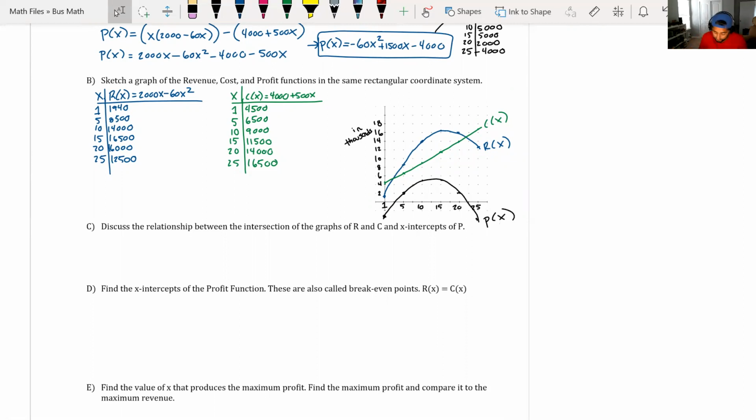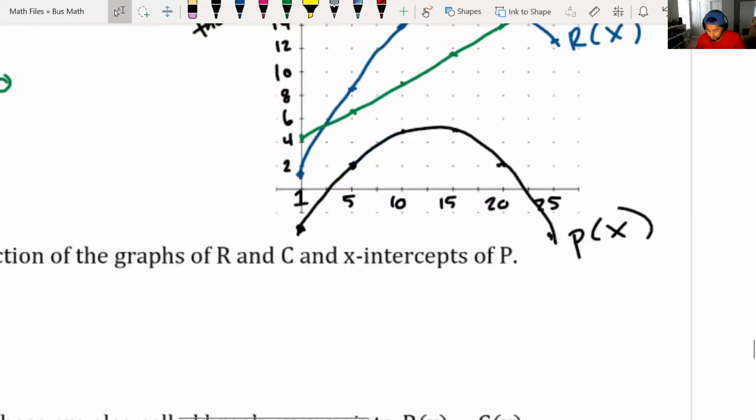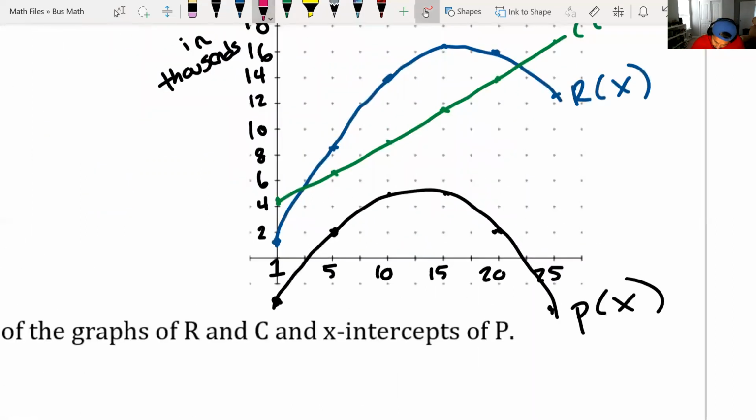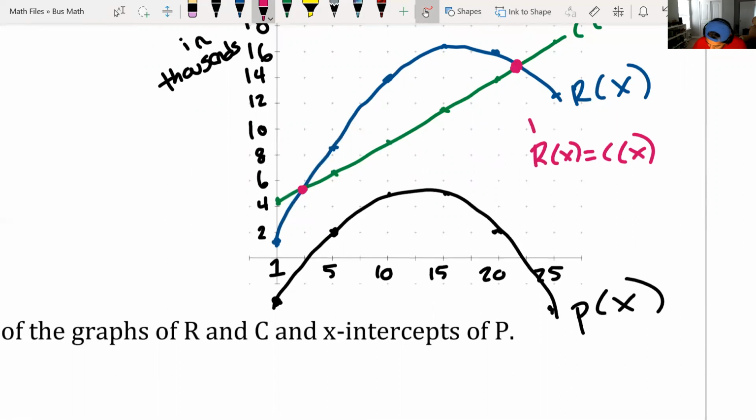So if we look at this, whenever revenue and cost intersect, it is called break even. So whenever revenue meets cost, these are called break even points.